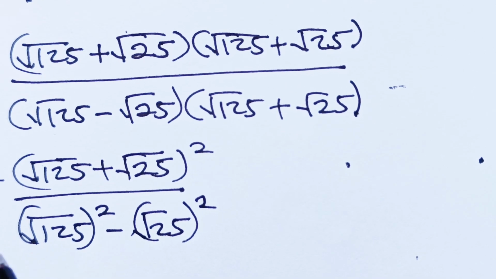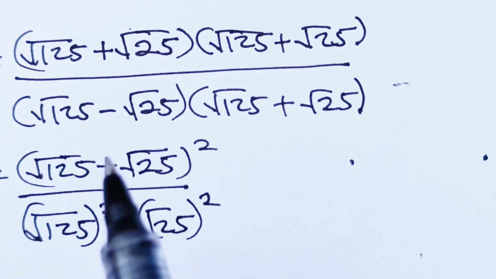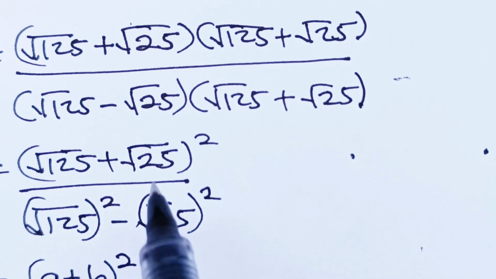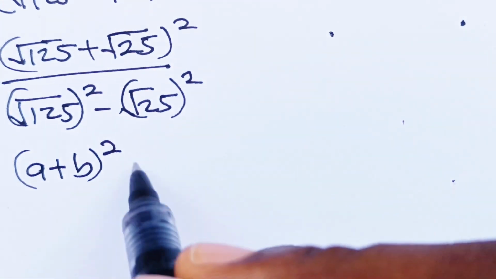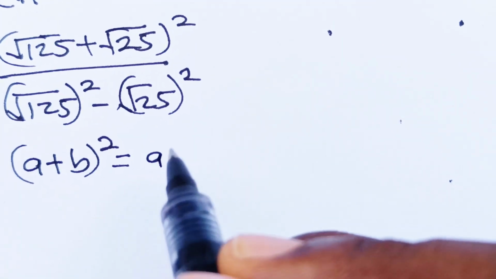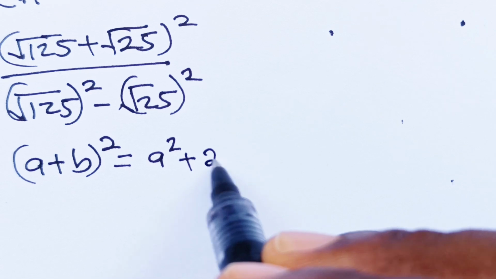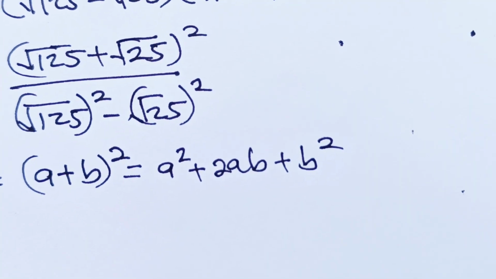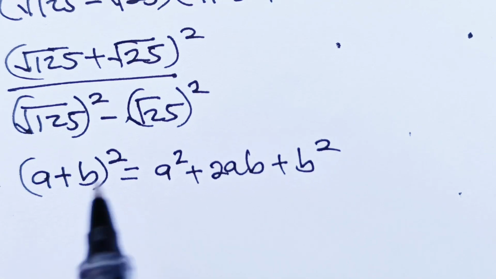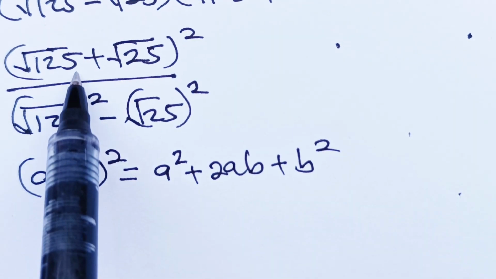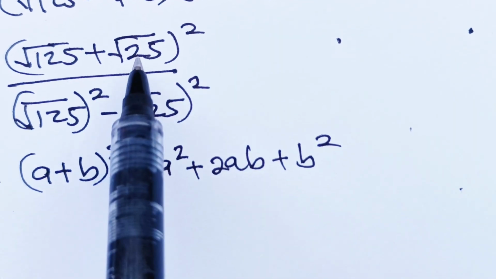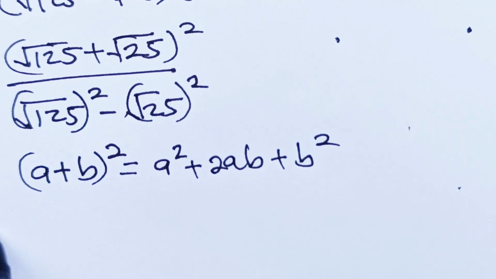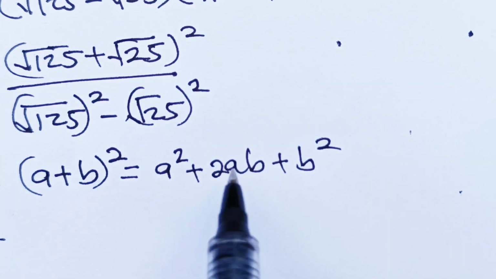Now in algebra, when you have a plus b all squared, this is equal to a squared plus 2ab plus b squared. In this case, our a is root 125, and our b is root 25. So we are going to express this numerator in this form.